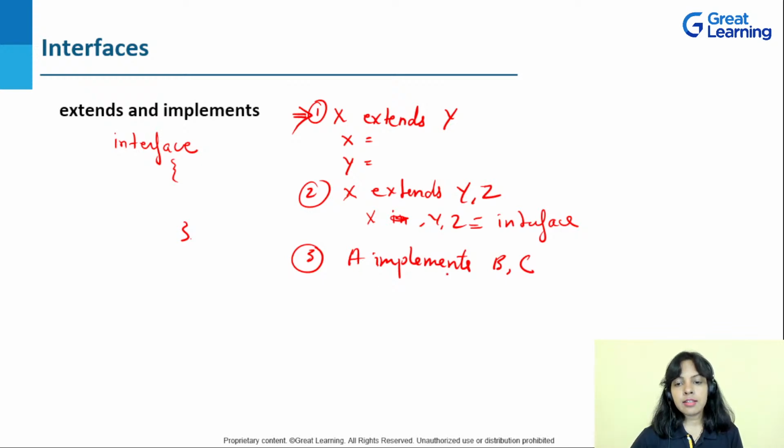If A is a class, B is a class, C is a class, or is it an interface? So it will be if A is a class and B and C are interfaces.